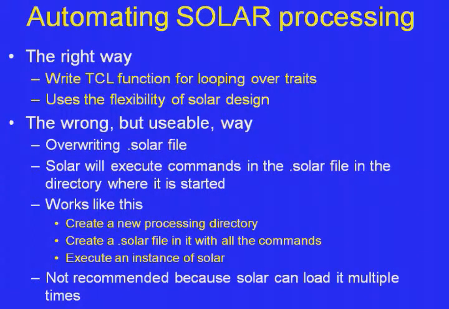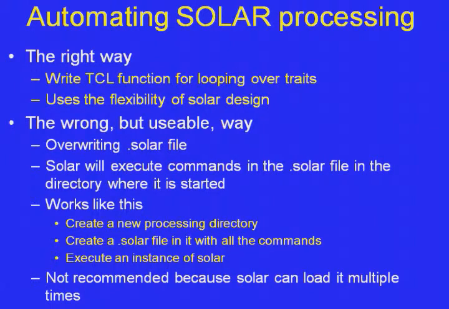Now, the main question comes on how to automate Solar processing. The right way, which John and Laura would advocate, is to write proper Tcl functions for looping over the set of traits that you have in memory, and that greatly capitalizes on the flexibility of the Solar design. The completely wrong but still usable way is by overwriting the .solar file.